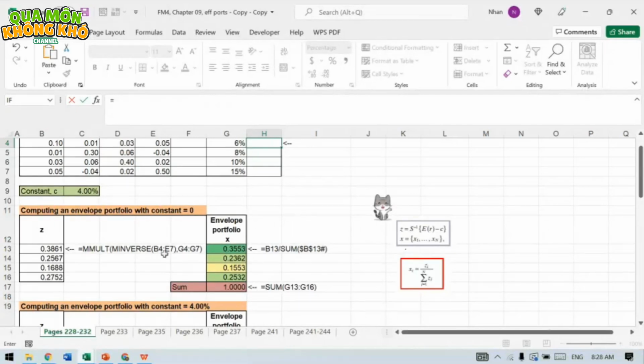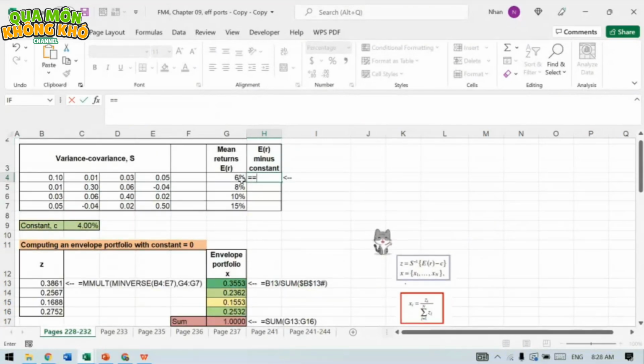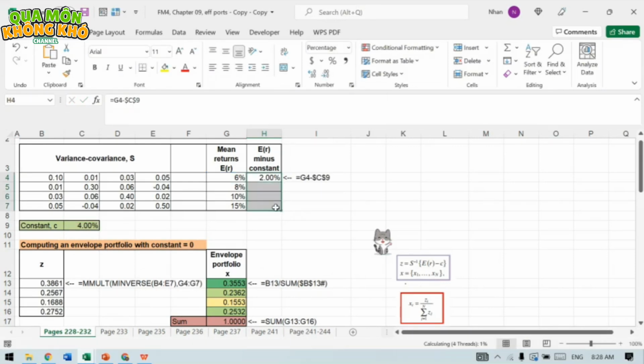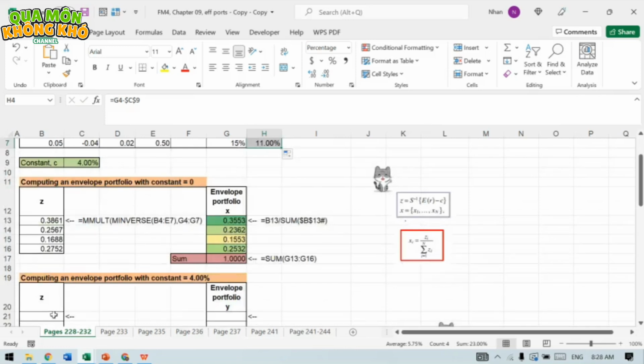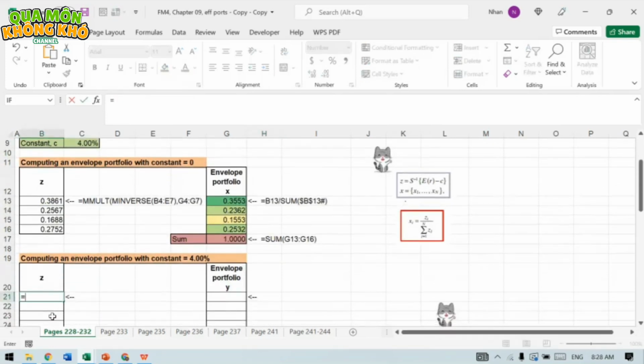So the expected return here equals the return minus 4. And I will fix the constant here. And then I apply it to the function.